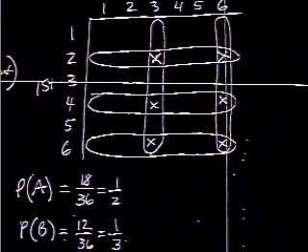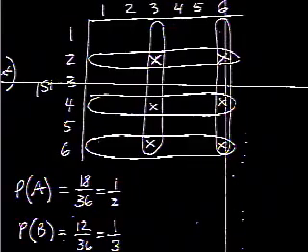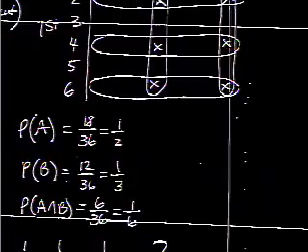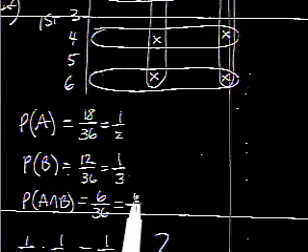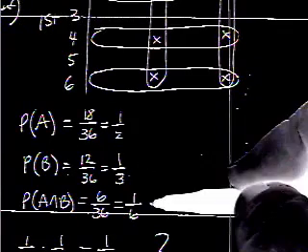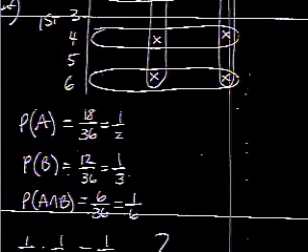You'll notice that I've highlighted the ones that are in common to both sets. There are 6 of them. So the probability of A intersect B is equal to 6 out of 36, or 1/6. So you'll notice that I figured the probabilities all separately from the sample space.